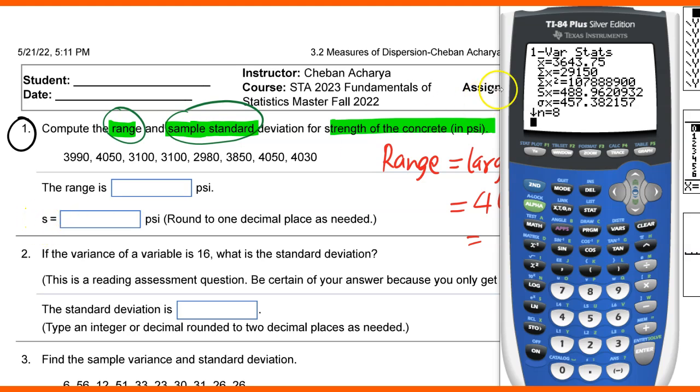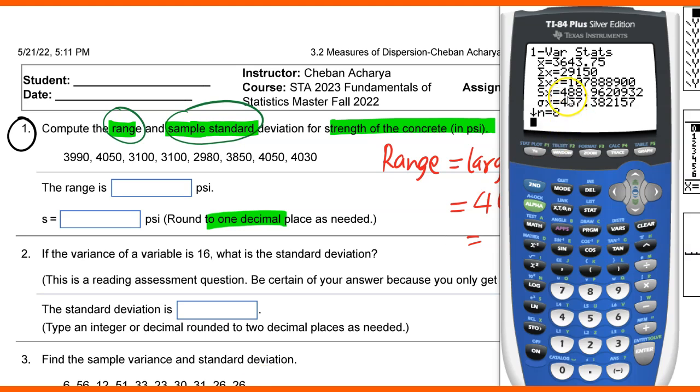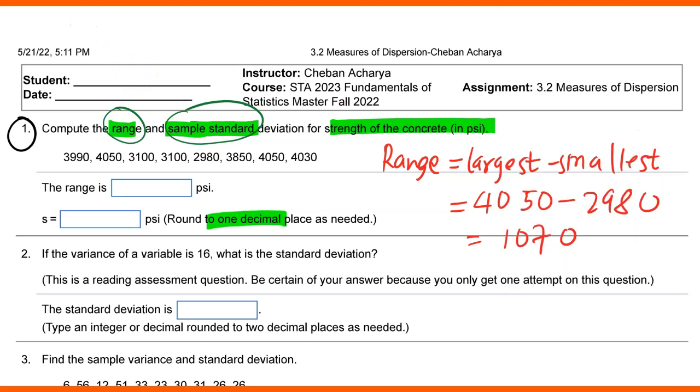That's fine, it's the same as Sx, and the lowercase s is the symbol to represent sample standard deviation. If you round it to 1 decimal place, your answer is going to be 489 as the sample standard deviation. Of course, the range is 1070.